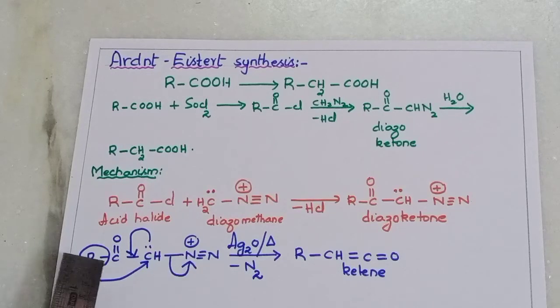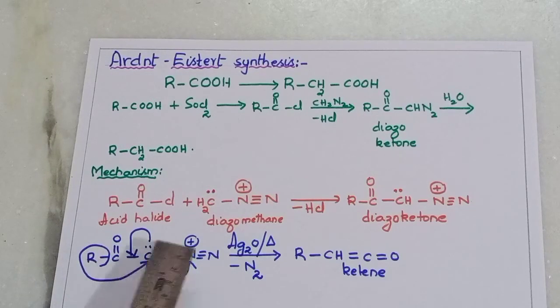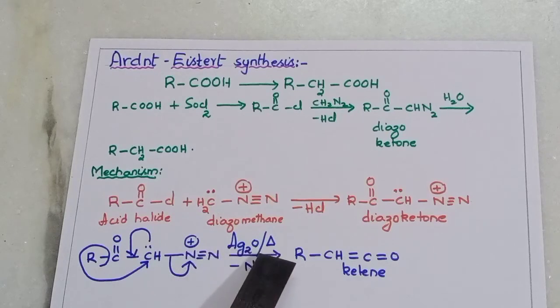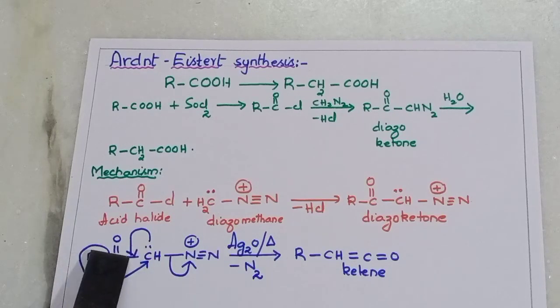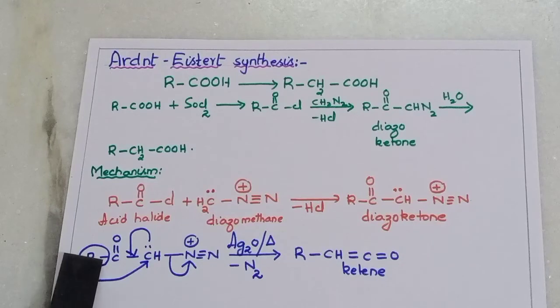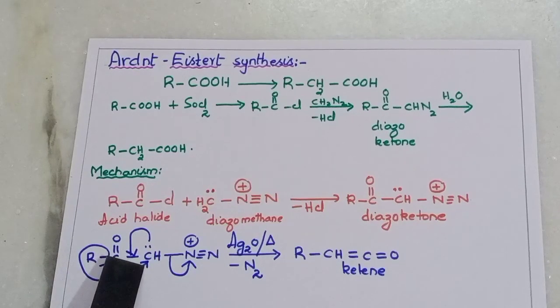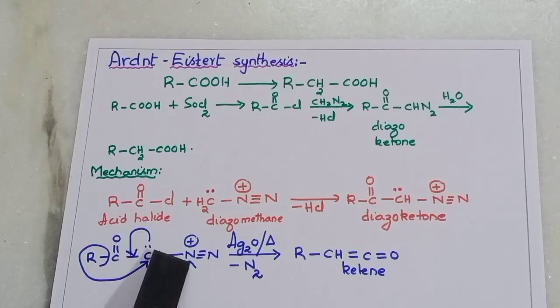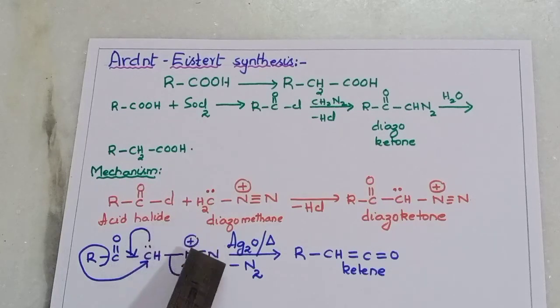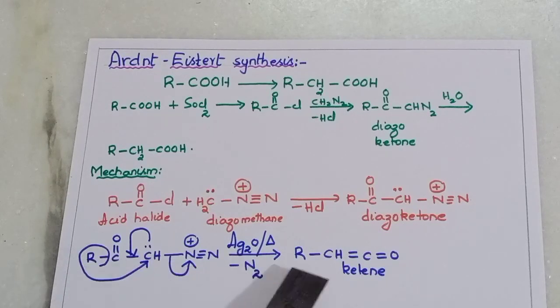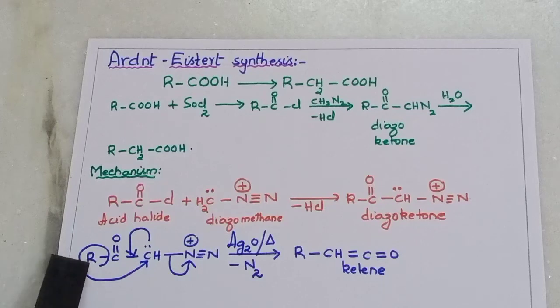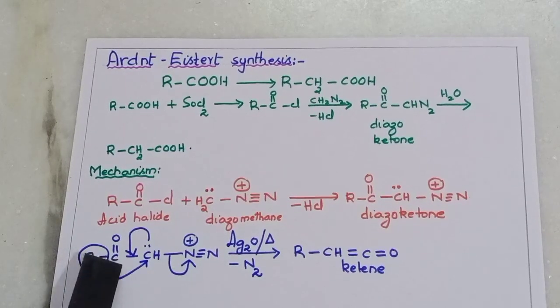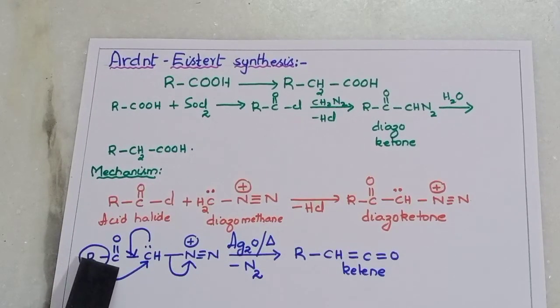Understood, students? When the diazoketone is treated with silver oxide and heated, the pair of electrons shifts this side, R with its two electrons moves towards this carbon, and these two electrons move towards nitrogen. So the two nitrogens come out as nitrogen gas. Now what is formed here? R, CH double bond C double bond O, which is called a ketene.